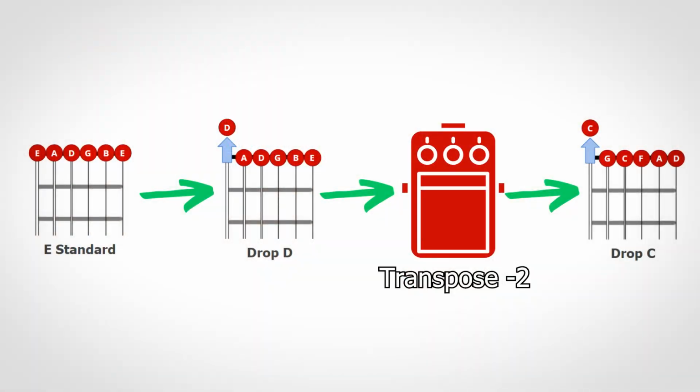So the trick to all of this is to set your tuning, whether it's a drop tuning or standard tuning, and then to apply your pitch change pedals. For example, if I wanted to play My Curse by Killswitch Engage, which uses drop C, and I don't want to go into jangly string land and loosen all of my strings, I can simply set my guitar to drop D and then use my pitch change pedal to get the rest of the guitar down one whole step to drop C.